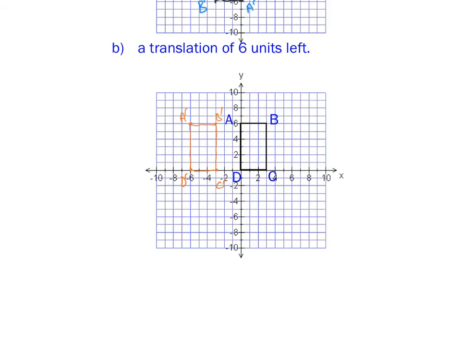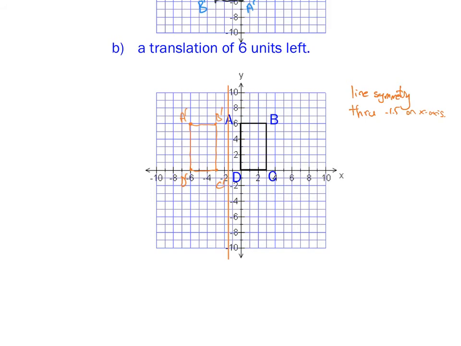Is there line symmetry? Yes, there is. The line symmetry that exists will be right here. So there's line symmetry through negative 1.5 on the x-axis.